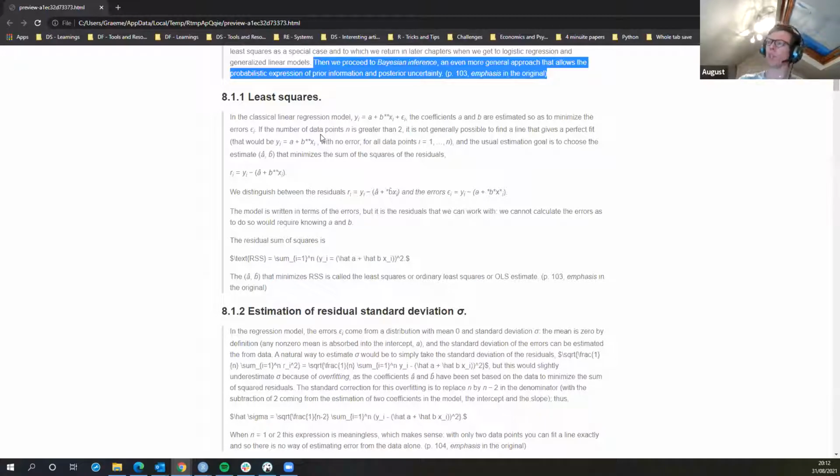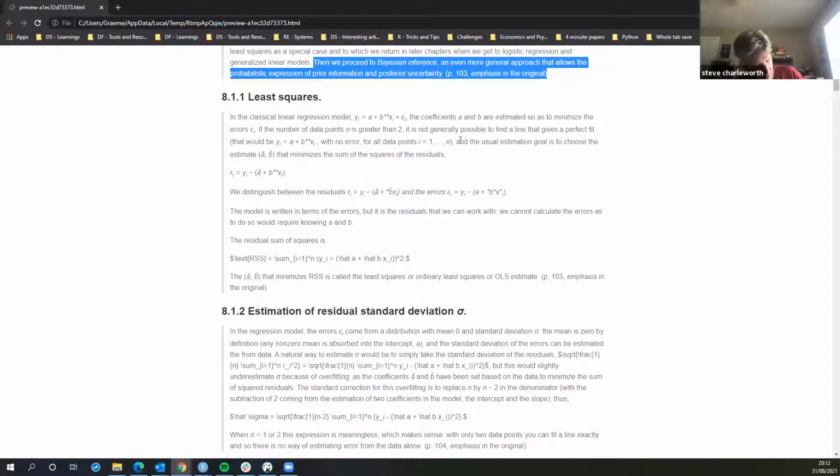So what they're saying is that once you move beyond 2 points, typically you're not going to have a perfect fit. But that's good because, speaking from the perspective of someone working in demand forecasting, you never want a model to be a perfect fit because then it won't work. But that's what overfitting is all about, really, isn't it?